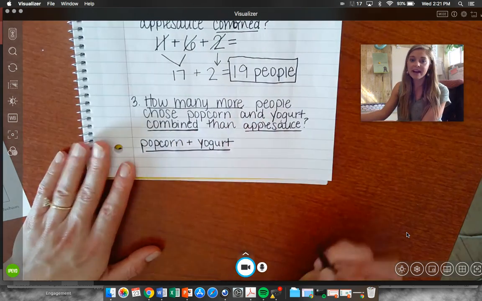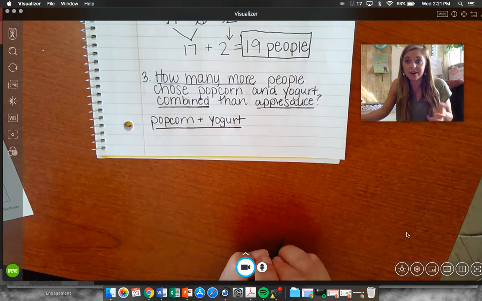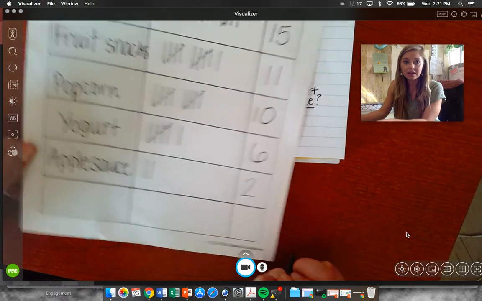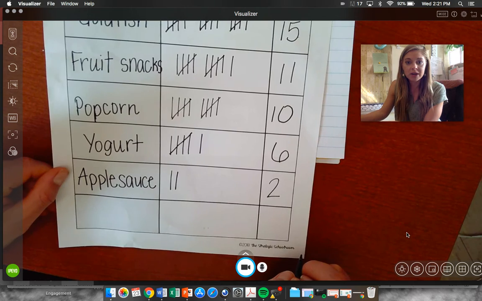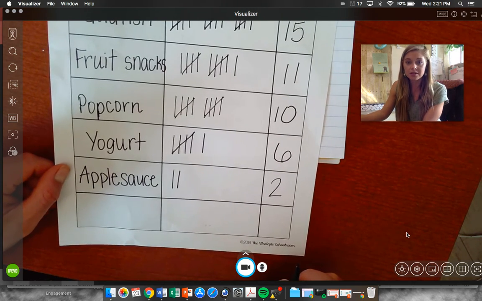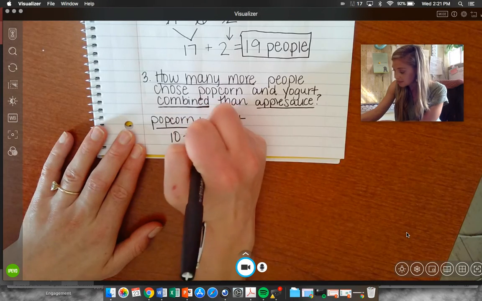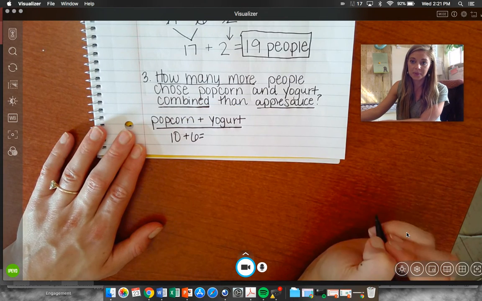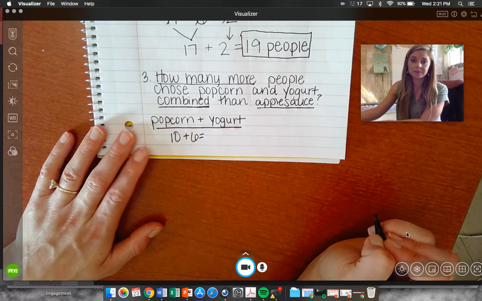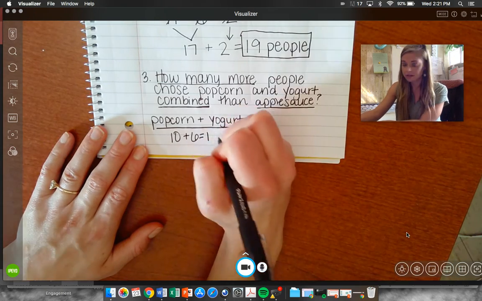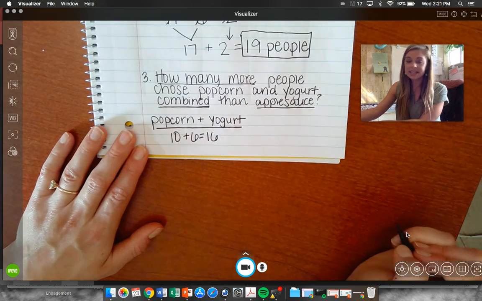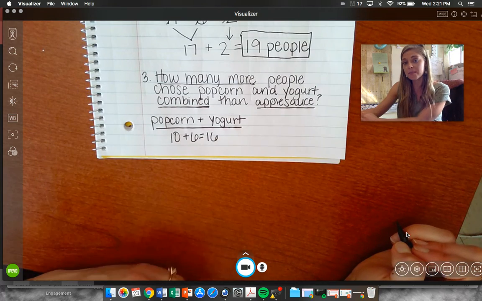This is the part where we have to add. Looks like 10 people chose popcorn and 6 people chose yogurt. So I have to do 10 plus 6. What does that equal? 16, right? So 16 people chose popcorn and yogurt combined.